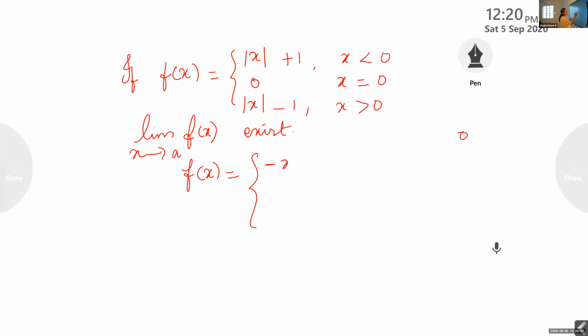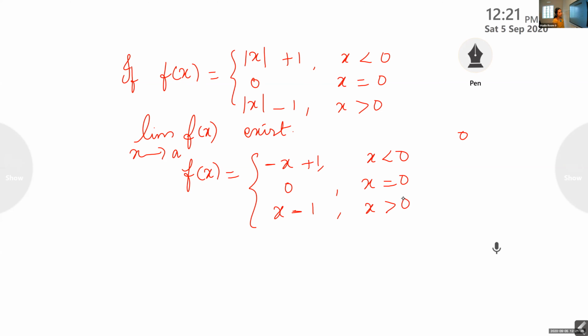It is negative x, so minus x plus 1 if x is less than 0, and 0 if x is 0. When x is greater than 0, modulus of x is x, so I am writing x minus 1 if x is greater than 0.